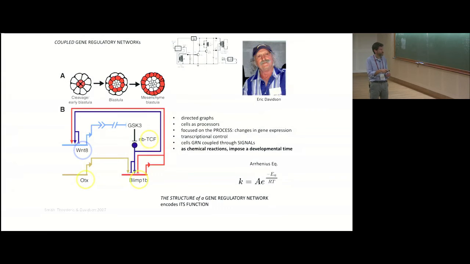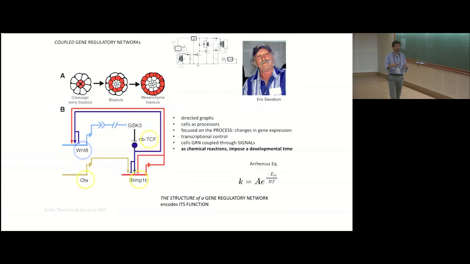So first you have to have OTX. Once you have OTX, later OTX can bind BLIMP, can induce the production of BLIMP1B, and that will act now on this other signaling molecule, and so on and so forth. You will see the pattern of genes changing over time. Right? It's not an instantaneous operation.